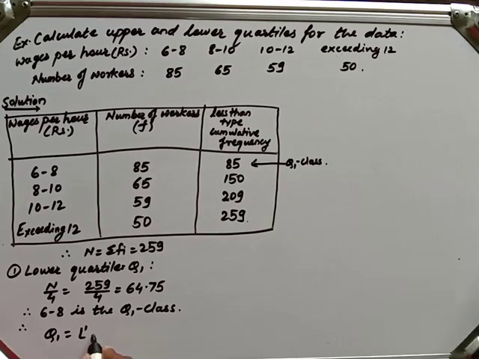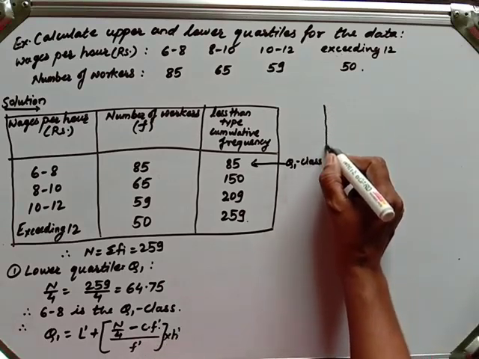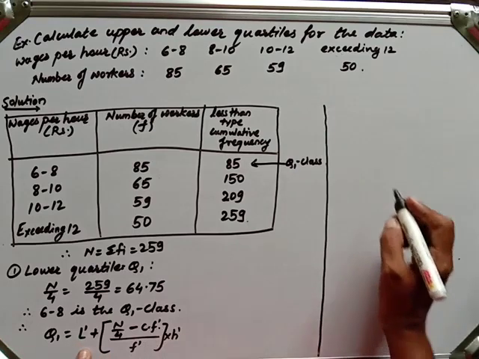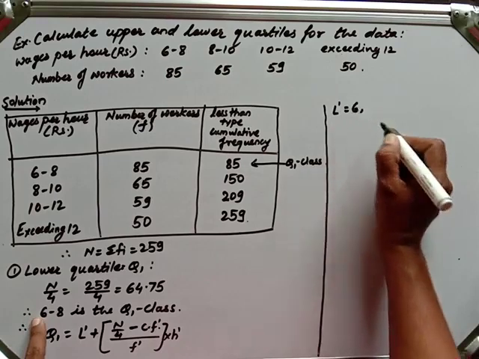Q1 is L dash plus n by 4 minus CF dash upon f dash multiplied by h dash. Here, L dash is 6.